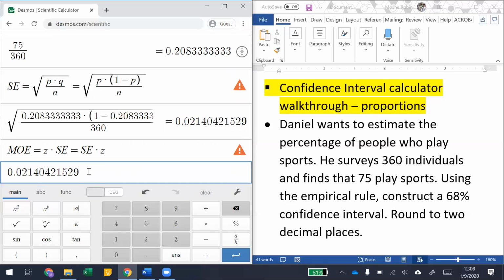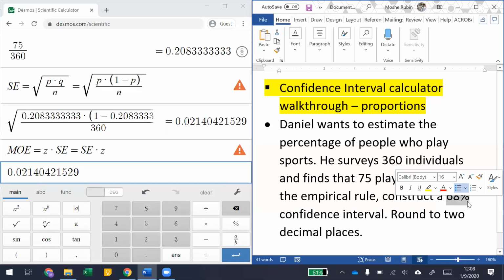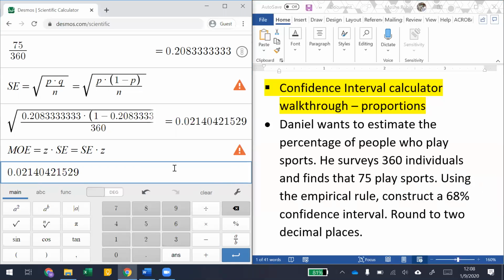I have to do times Z, and I have to think, what is the Z that I'm supposed to use for this problem? Well, it all depends on the percent of the confidence interval. And for 68%, I have to have memorized from the empirical rule that 68% goes with the Z-score of 1. So I'll say times 1.